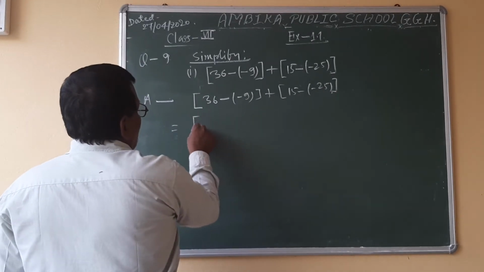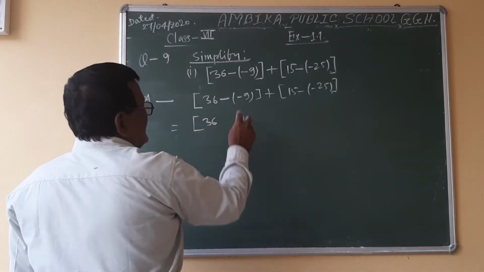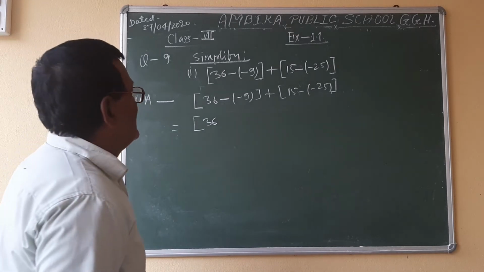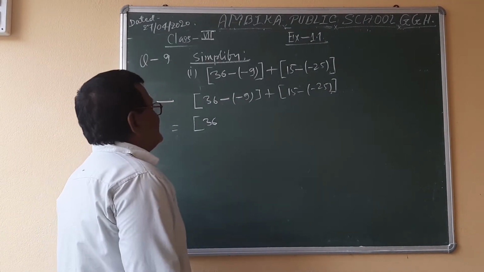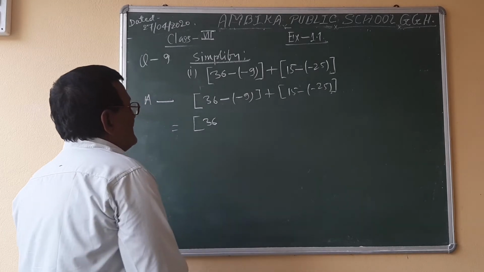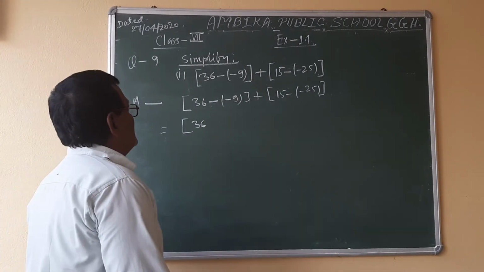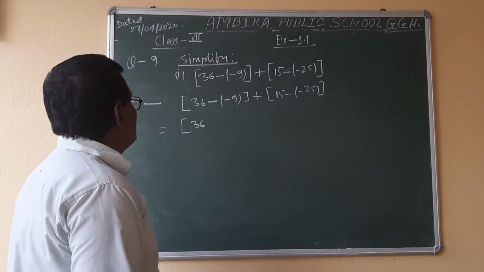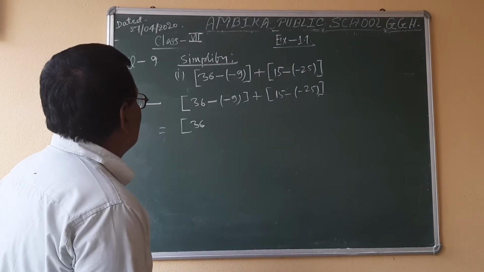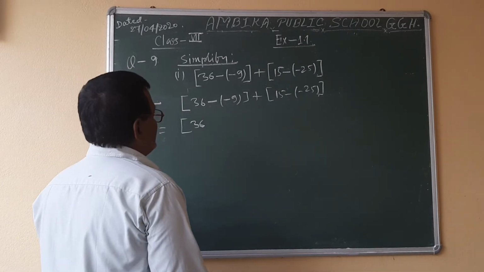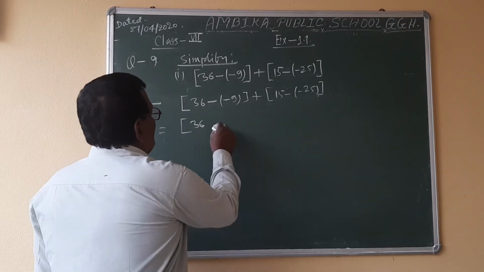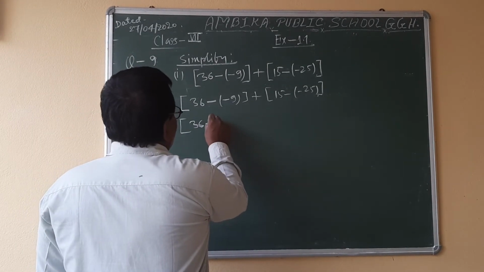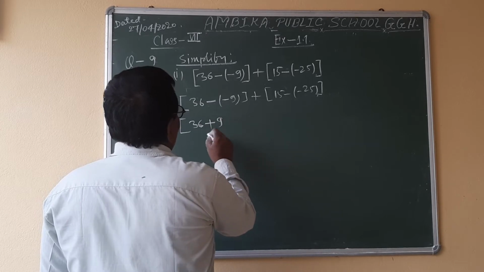Minus into minus is multiplying. We know that multiplication of two negative integers is a positive integer. So multiplying minus 9 by minus, we get plus 9.